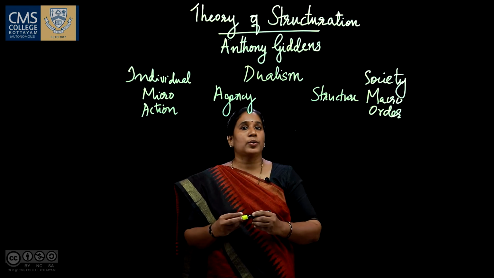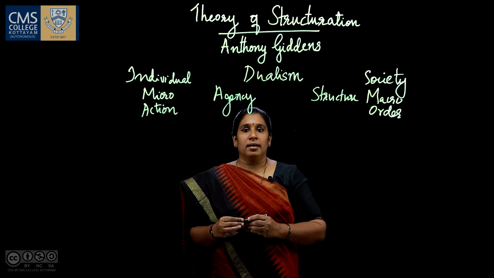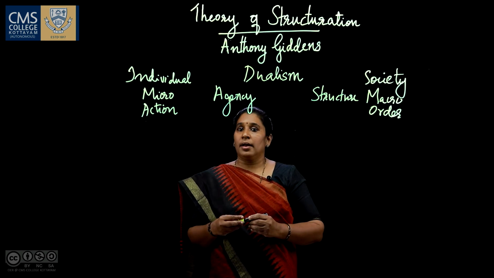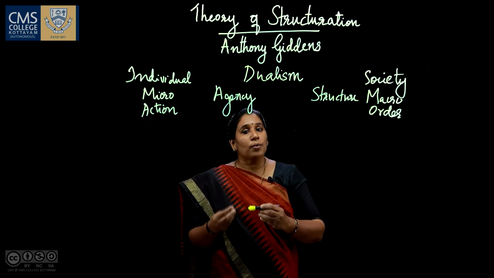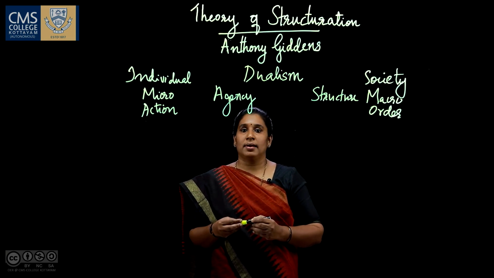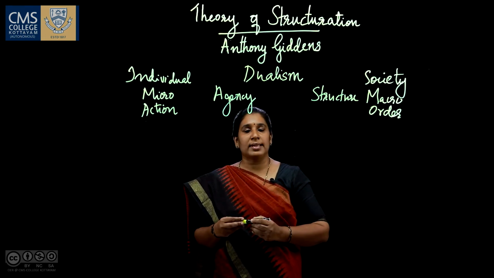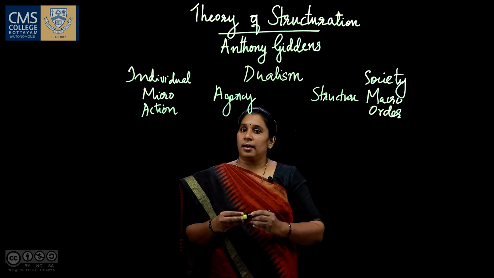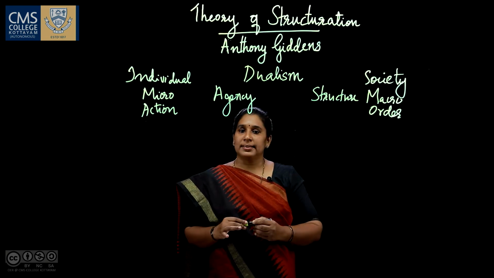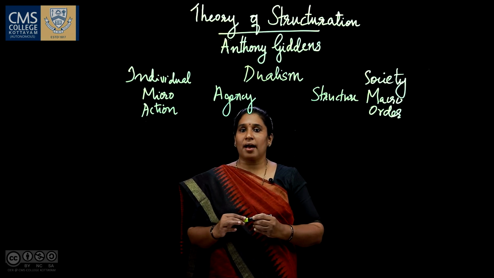What is actually the dualism between agency and structure? Here, it is an ontological issue. Here the question is how the society is produced and being reproduced. For this question, the structure camp argues that the individual action is completely determined by the structure. That means the structure theories have a deterministic approach.